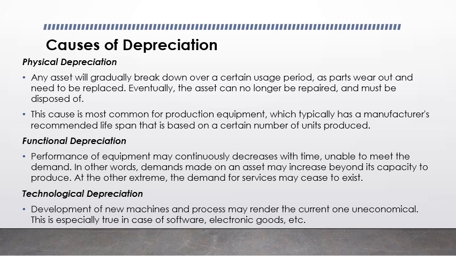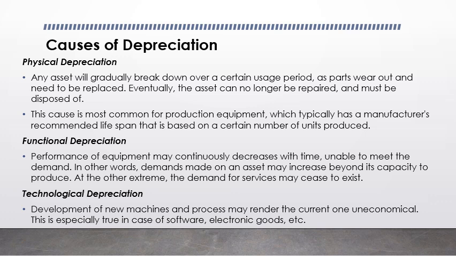Next one is technological depreciation. As and when the technology changes and new machines with newer technology come into the market, they may produce products at a better quality with better tolerance range. So the older machines may not be sufficient to meet the customer's demand, especially these punching machines.